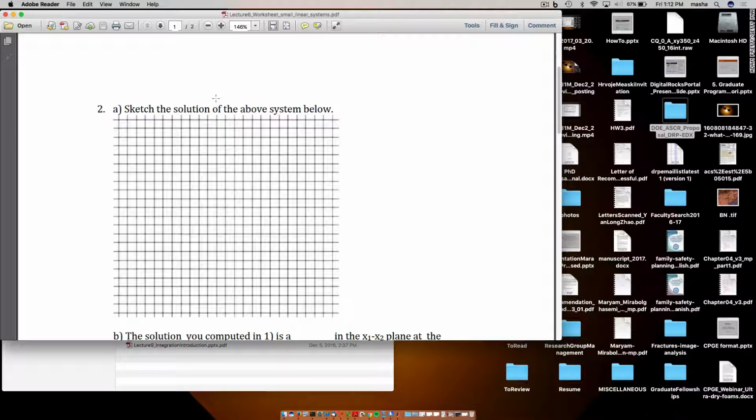First work on solving those yourself. Yes, they're 3 by 3, but they're actually somewhat simple. And let me know when you're done.